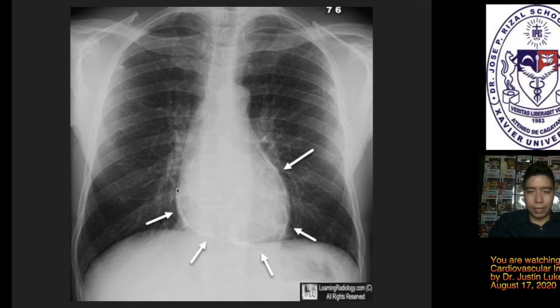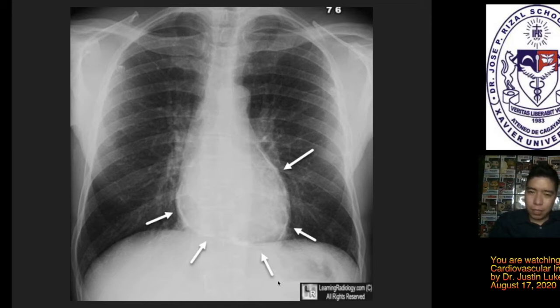By that, we know that it's localized to the pericardium. So it's pericardial calcifications, and this is typical of constrictive pericarditis. So you have a normal shaped, normal sized heart, and calcifications all over. Not a very common disease entity, but again, the imaging finding is typical.